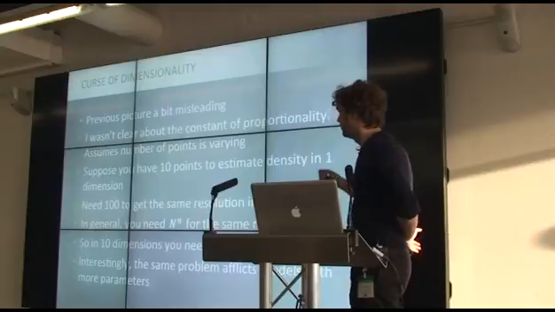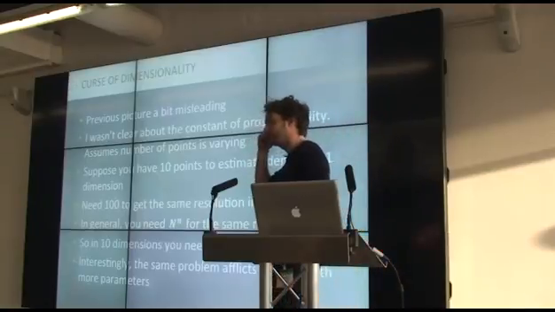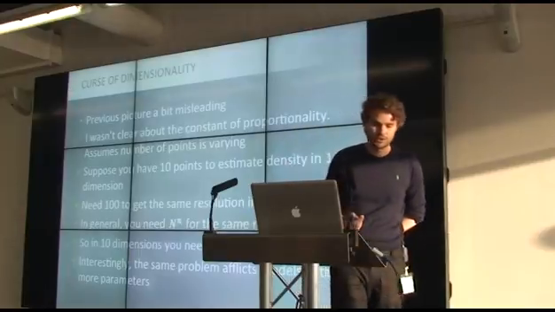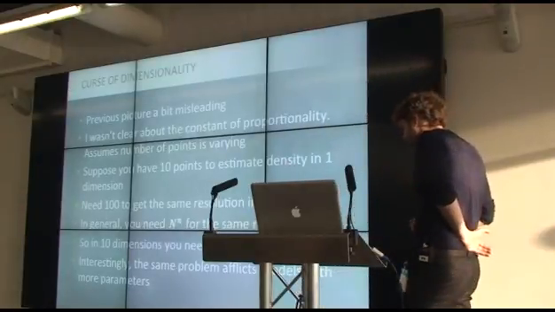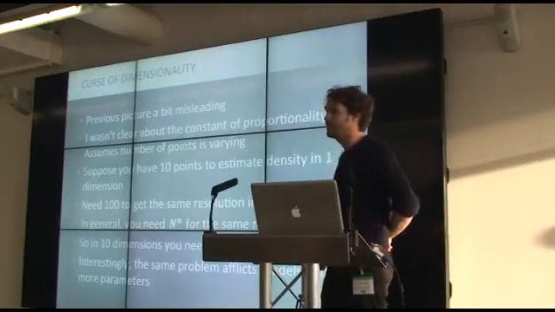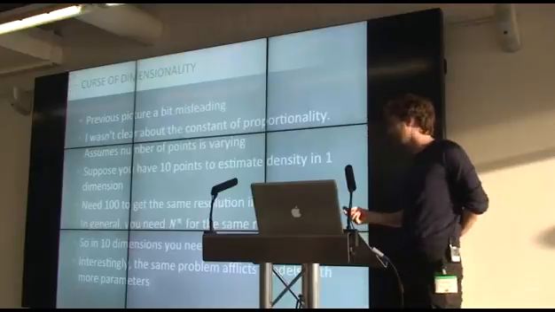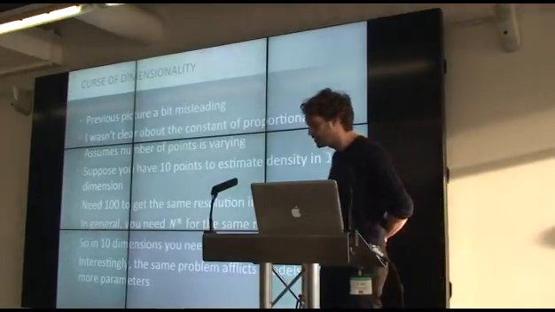But there's another problem, which is, you're assuming essentially that you have enough data to be able to estimate this distribution. And if you have 10 points to estimate a distribution in one dimension, in 10 dimensions you need 10 billion points to get the same resolution.